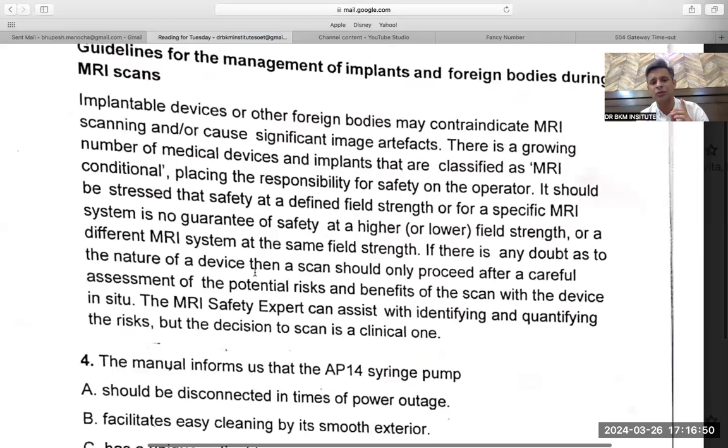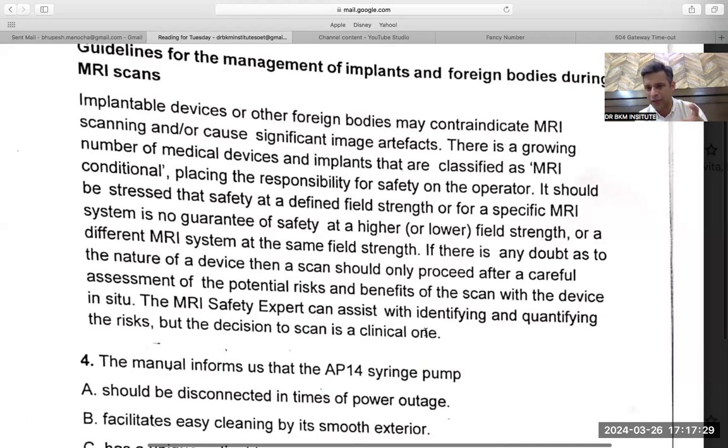If there is any doubt as to the nature of the device, then a scan should only proceed after a careful assessment of the potential risks and benefits of the scan with the device in situ. The MRI safety expert can assist with identifying and quantifying the risk, but the decision to scan is a clinical one. So in the last line, what they have said is that ultimately the decision is a clinical one.